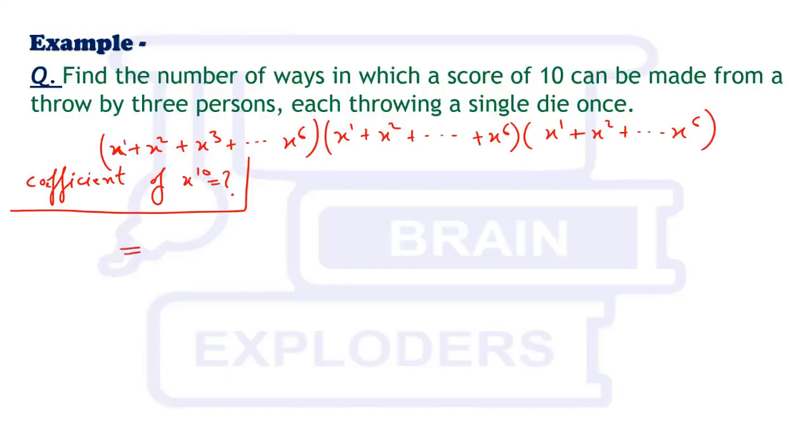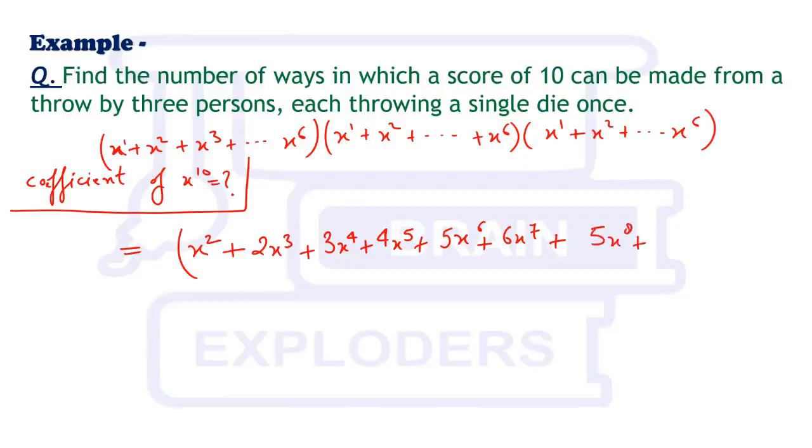This expression is equal to x square plus 2x cube plus 3x raised to the power 4 plus 4x raised to the power 5 plus 5x raised to the power 6 plus 6x raised to the power 7 and then again 5x raised to the power 8 plus 4x raised to the power 9 plus 3x raised to the power 10 and so on. We are not interested in powers more than 10.